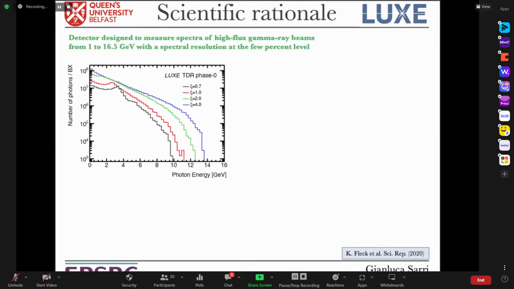If you look at simulations of what the spectrum of these gamma rays is expected to be, for instance if you interact a 16.5 GeV electron beam with a laser of different intensities, the different colors correspond to different laser intensities, and this psi is a0 or eta, depending on how you want to call it, but it's the dimensionless laser intensity.